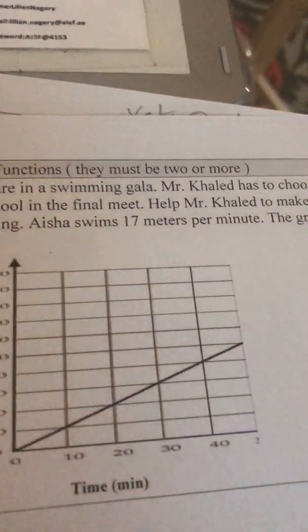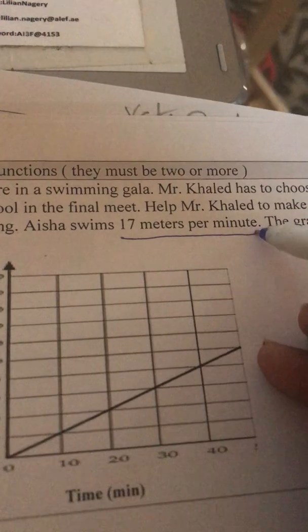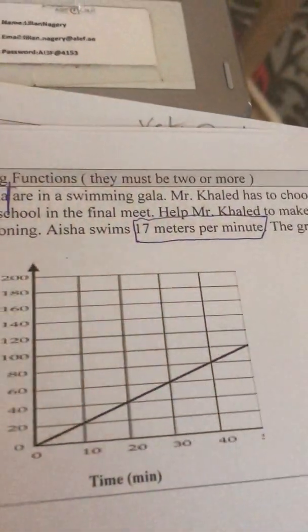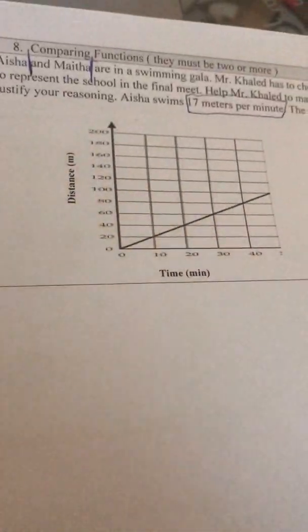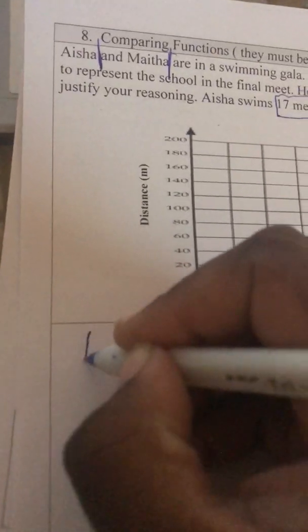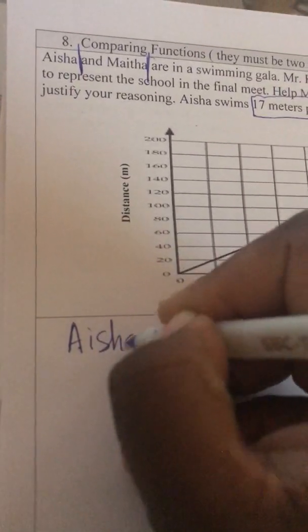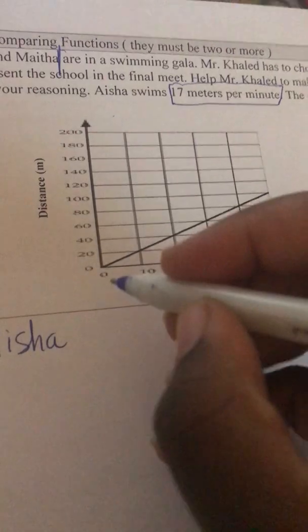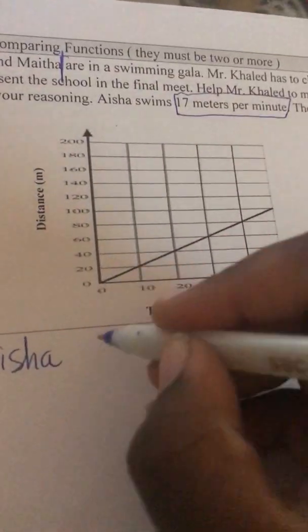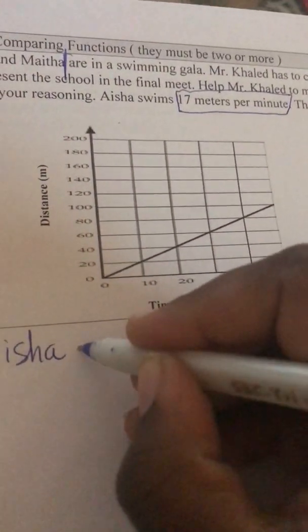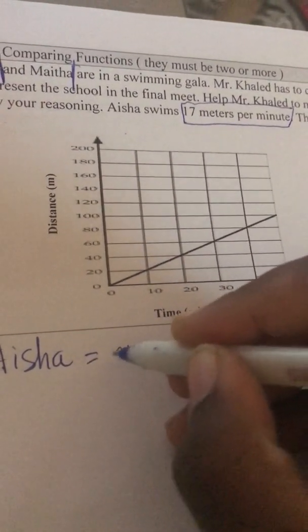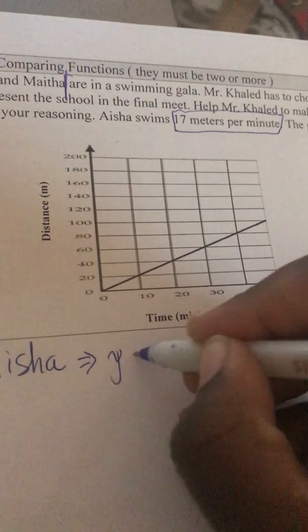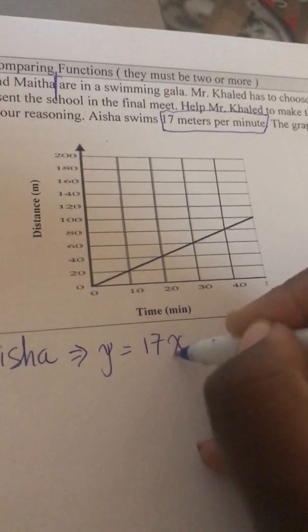Aisha swims 17 meters per minute. There you go. There is Aisha's information. So since I want to work, I will write here Aisha. So Aisha swims. So that means there is no other number, so this is a direct variation. So this is y equals 17x.